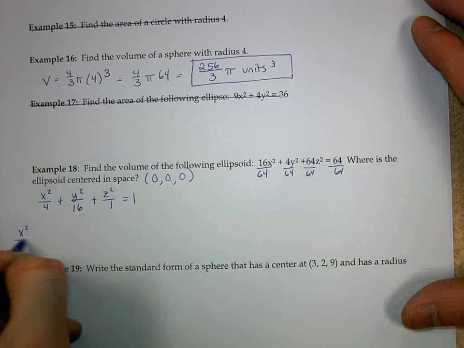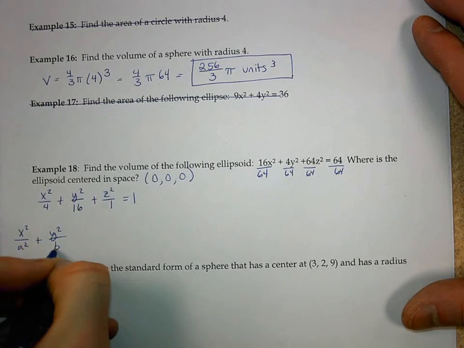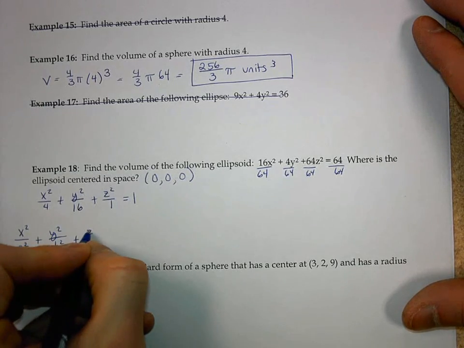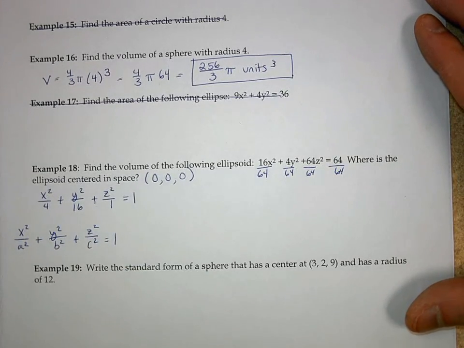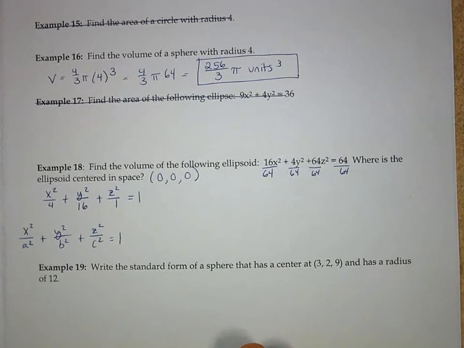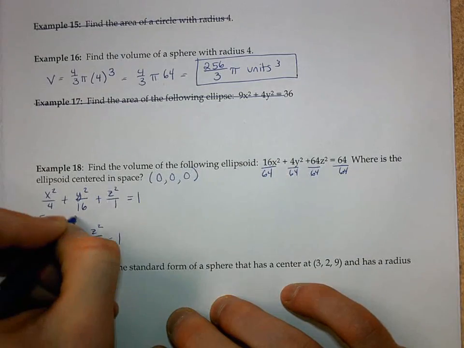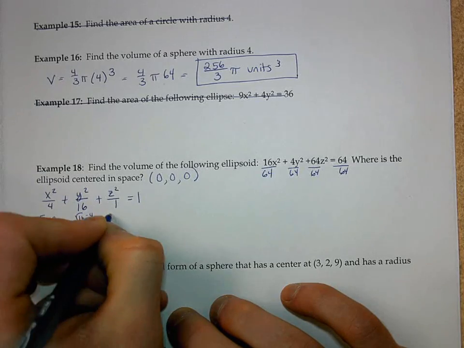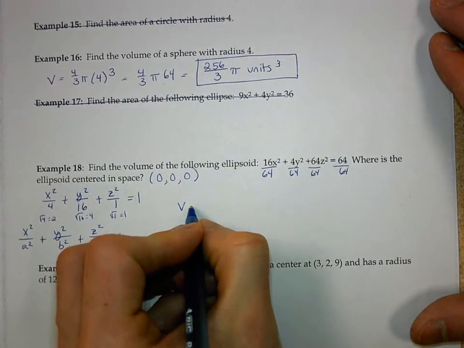So one of the standard forms for an ellipsoid is x squared over a squared plus y squared over b squared plus z squared over c squared is equal to 1. That means for each of these values down here, in order to find my a, b, and c, I need to take the square root. So the square root of 4 is 2, the square root of 16 is 4, and the square root of 1 is 1.